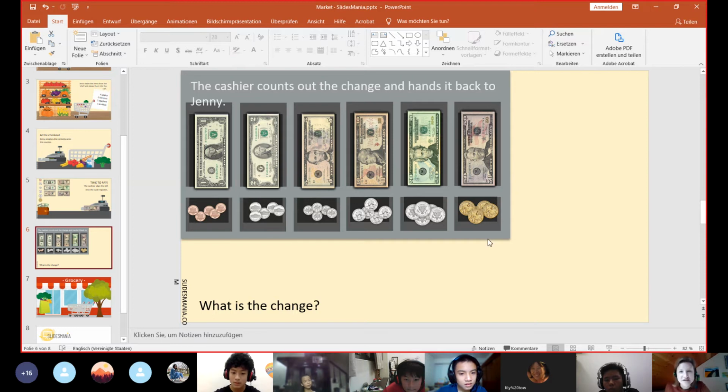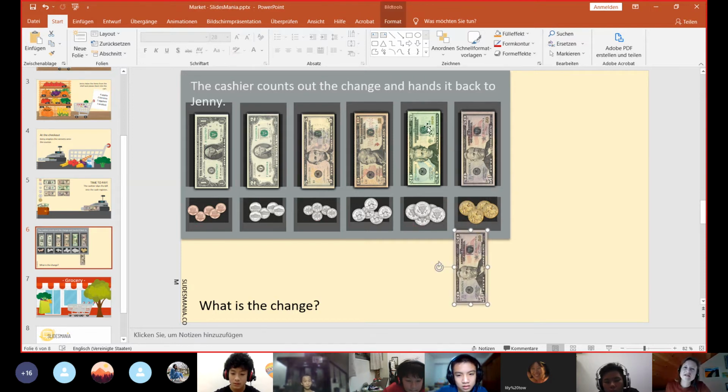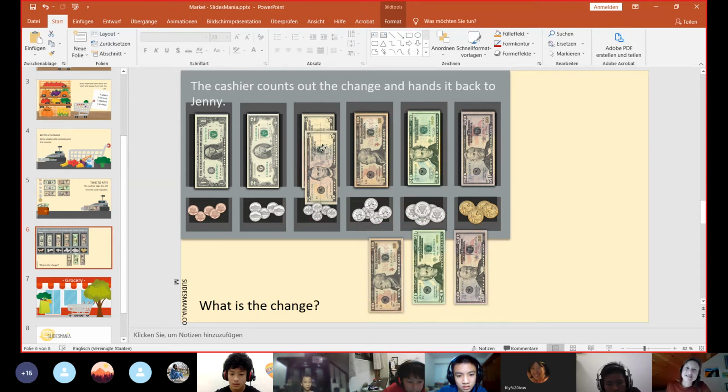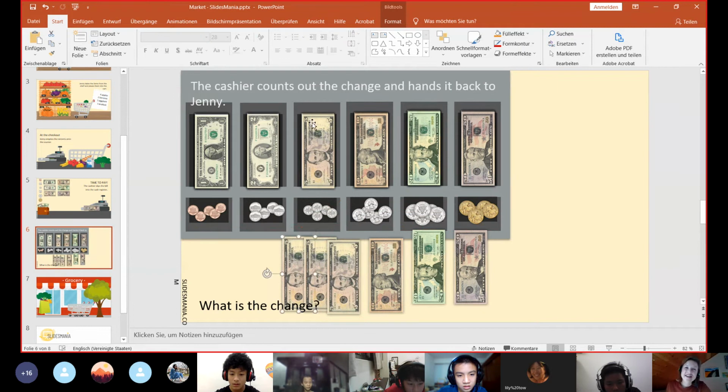So Dylan said that is 100. So the cashier takes 50. That is 70. That is 80. That is 85. 90. 95. And 100.